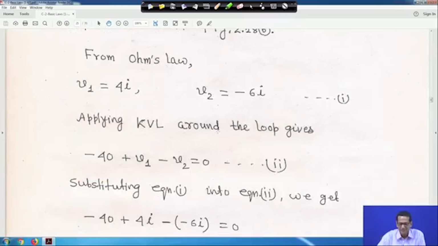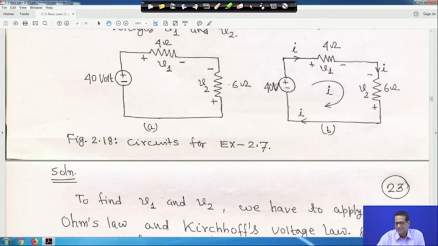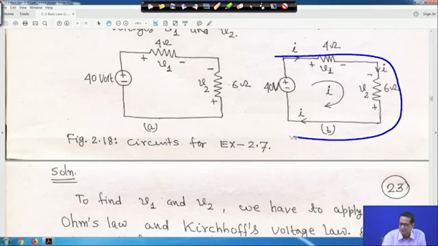So, applying KVL around the loop. I am moving clockwise, and for your understanding I am showing everything initially.